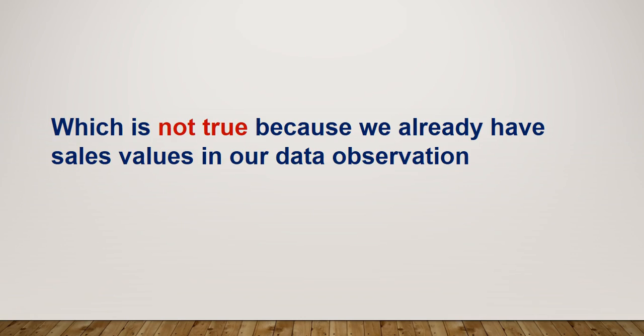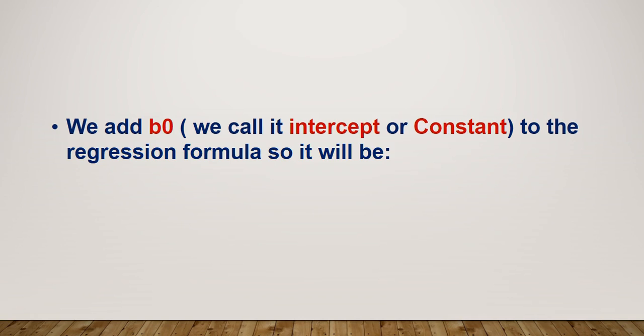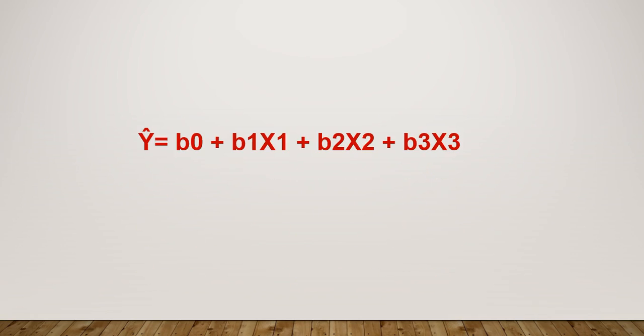So how can this problem be corrected or fixed? This problem can be fixed by adding something called B0. We also call it the intercept or a constant. We add this to our regression formula. So in this case, it will be B0 plus B1X1 plus B2X2 plus B3X3.